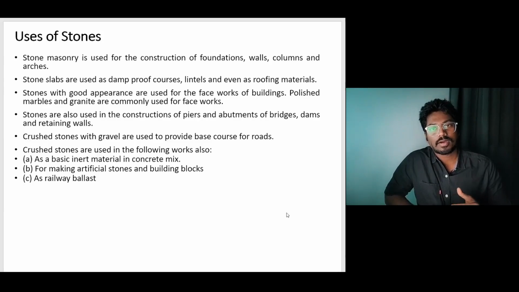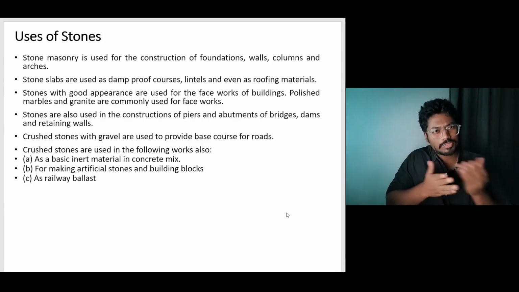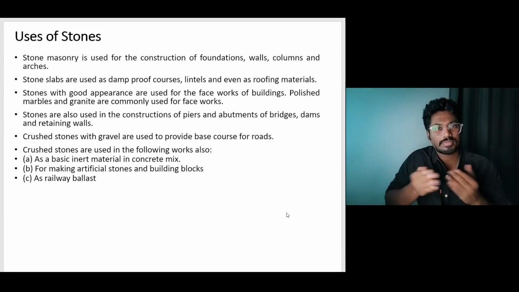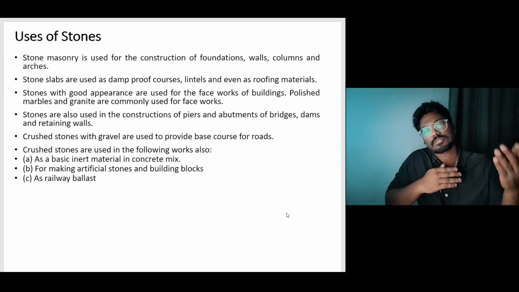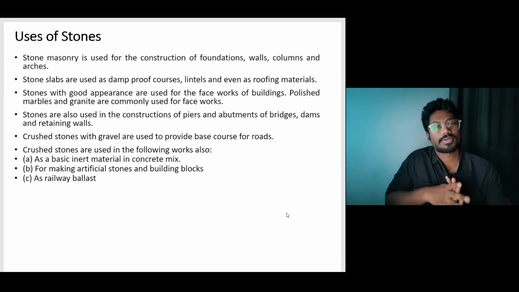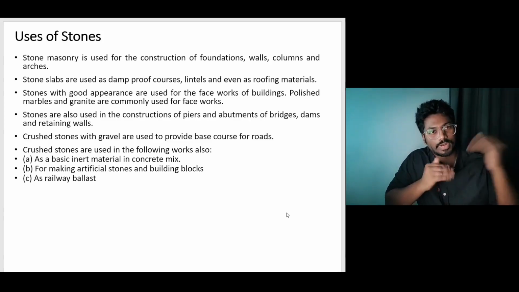Instead of using crude, rugged, rigid rocks, these stones are cut to acceptable, convenient sizes in order to use them as building materials. And as we just spoke, they can be used as railway ballast as well in order to transmit the loads from the top layer to the bottom layers of the soil.